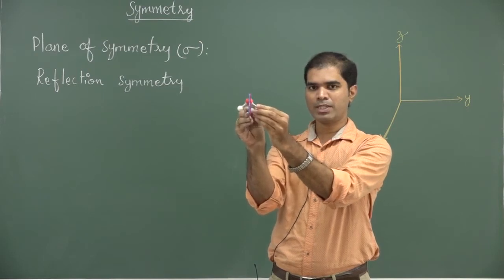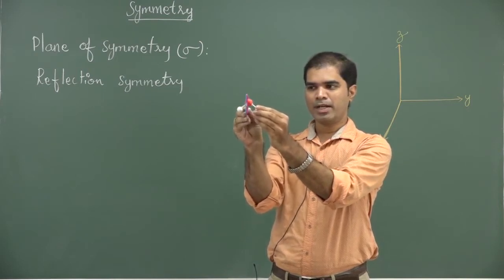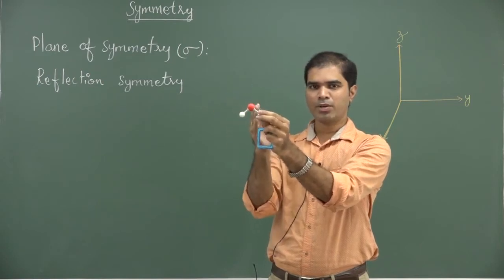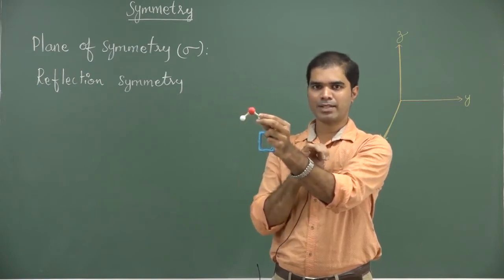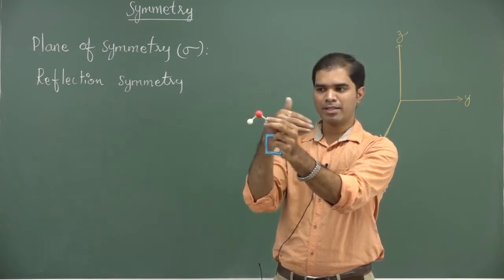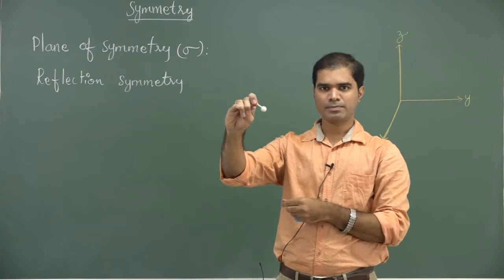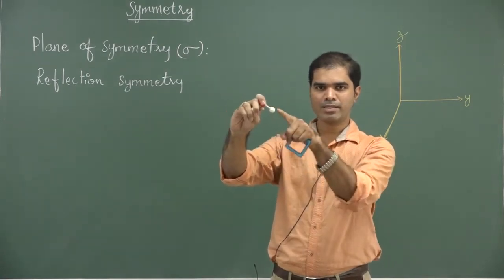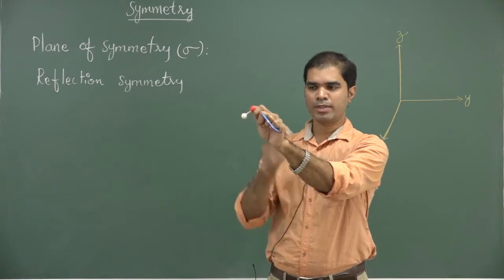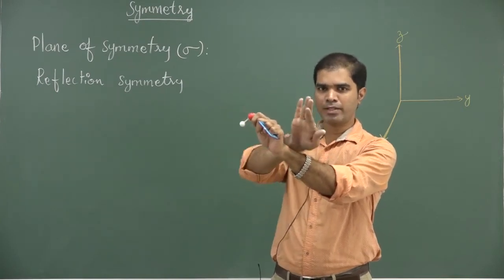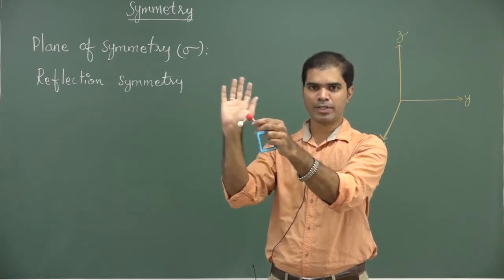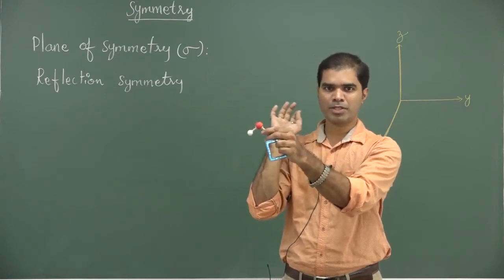It is passing through the center of the molecule, and each half is a mirror image of the other. So once I cut this, you just imagine that I am cutting the molecule. This is the right half and this will be the left half. The left half will reflect in the right half, whereas the right half will reflect in the left. That is a very simple operation to understand.